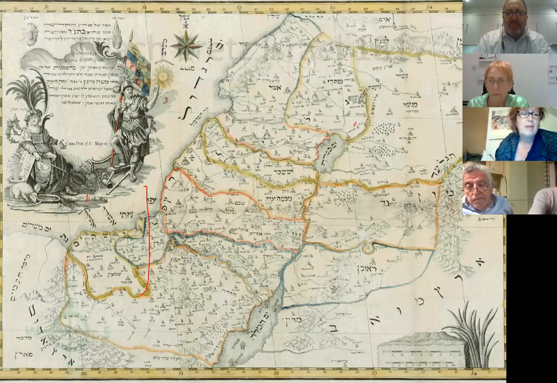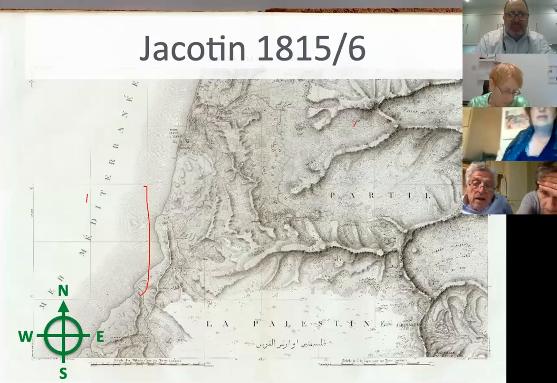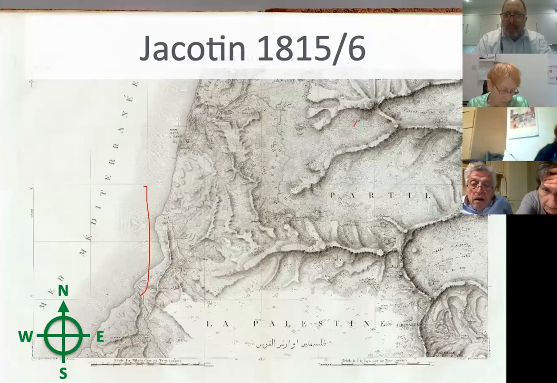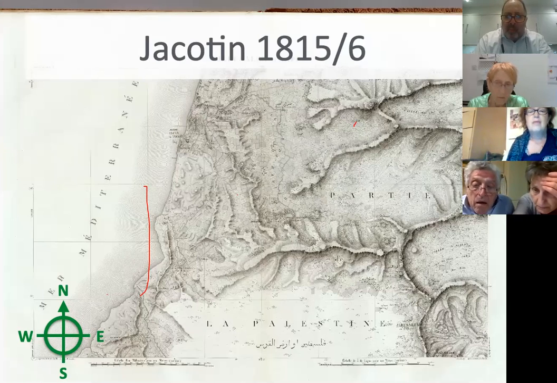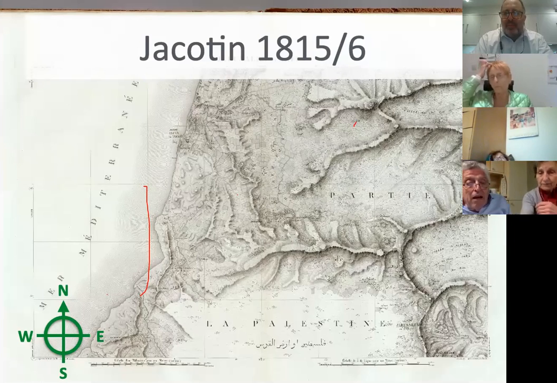So Jacotin is the first scientific map maker that we have in this set of maps. His mapping of Palestine was based on a survey conducted in connection with Napoleon's campaigns in Egypt and Palestine at that time. And he accompanied Napoleon on the campaign and produced 47 maps of Egypt, Sinai, and Palestine.